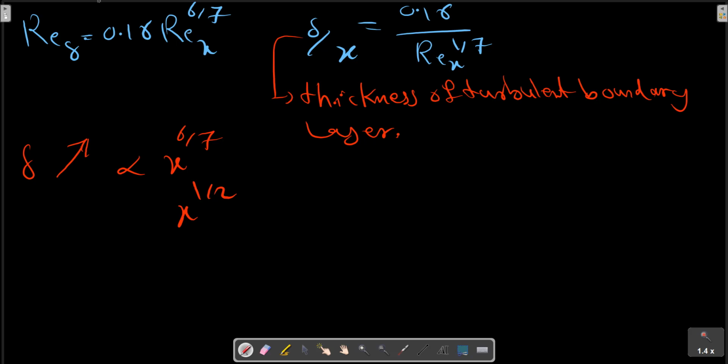It can be calculated as we previously obtained CF for turbulent flow, delta to the minus 1/6, with the replacement of Reynolds delta. We can have a relation for CF as a function of Reynolds x.